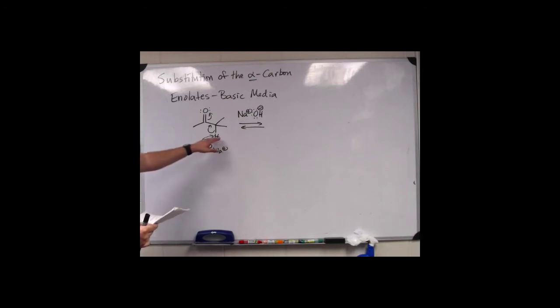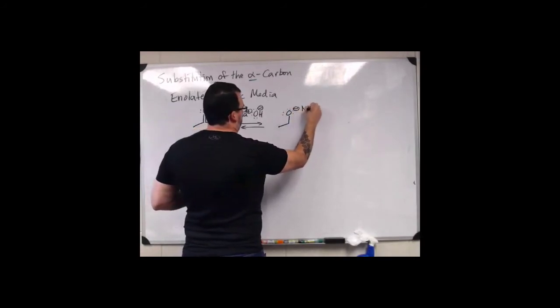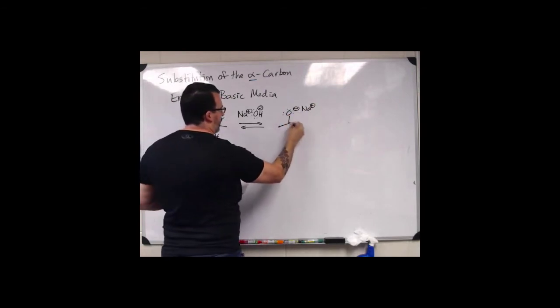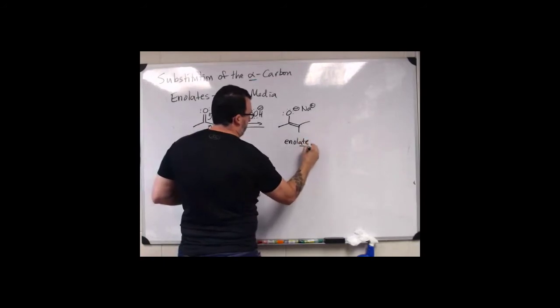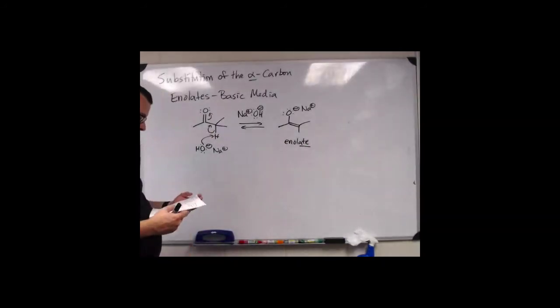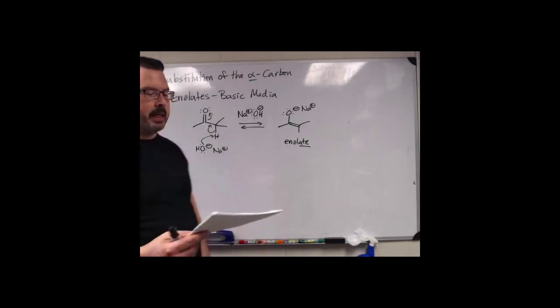We're going to form the negative charge on the oxygen as we push these arrows. Now we have this sodium counterion and the negative charge here. So again, this is an enolate, and that refers to this negative charge. So why is this important? Both enols and enolates. Let's consider the following reaction.